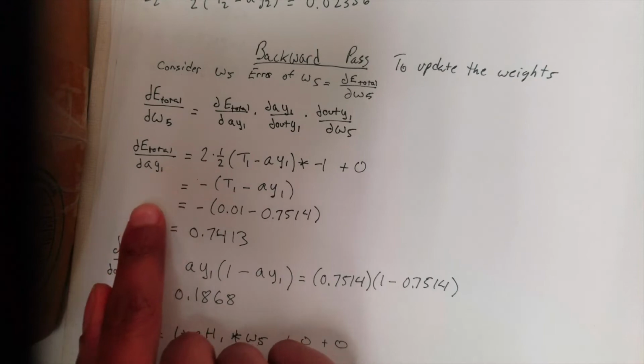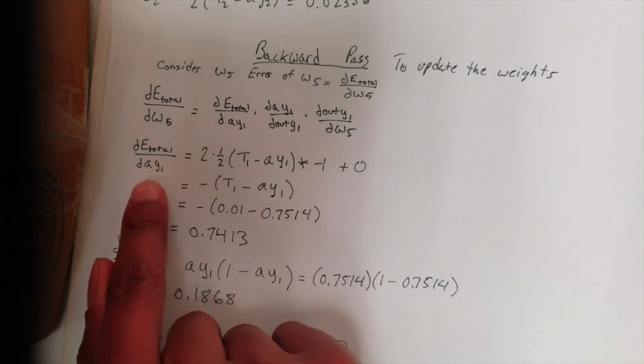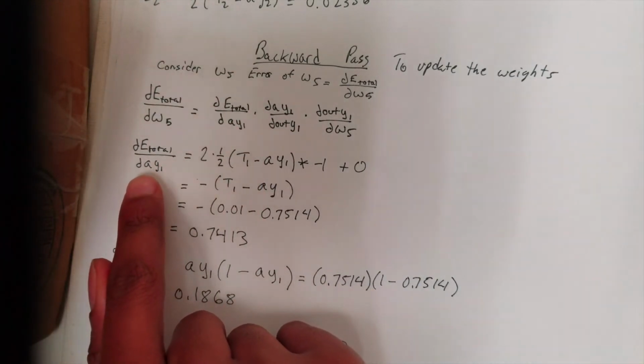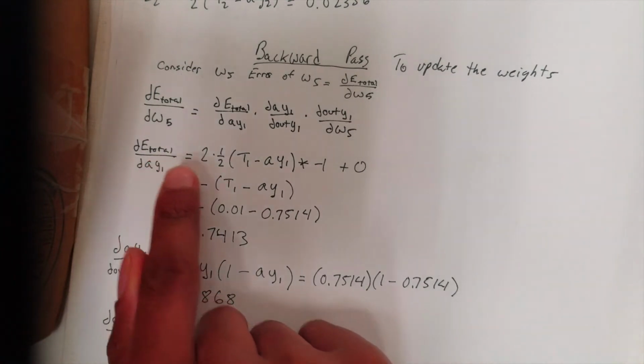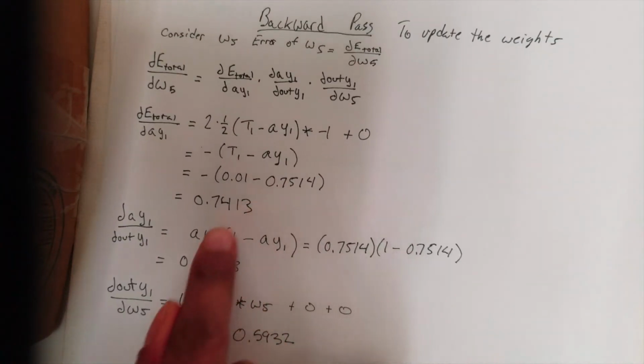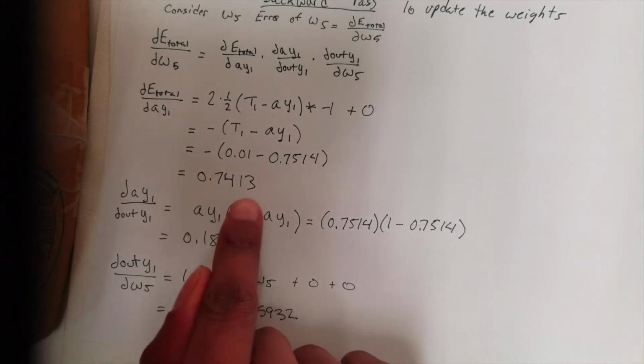And you can see here for the first one, the contribution of the activation of y1 to the total error, we do this calculation, and then we get 0.743.